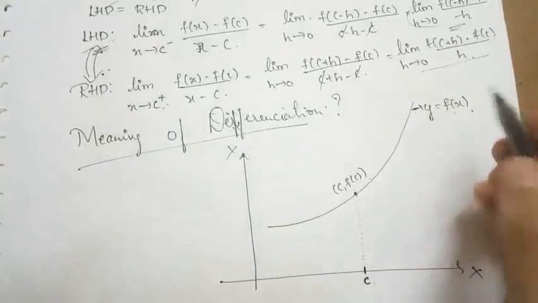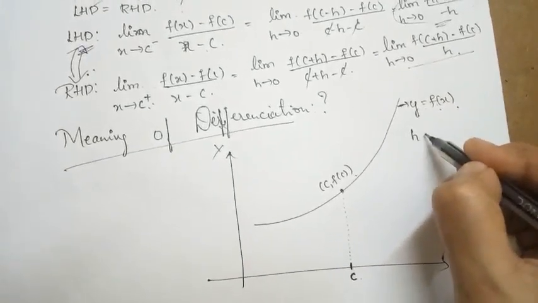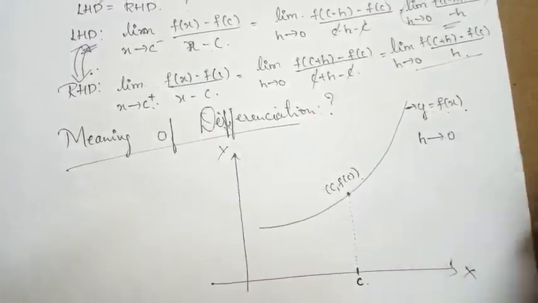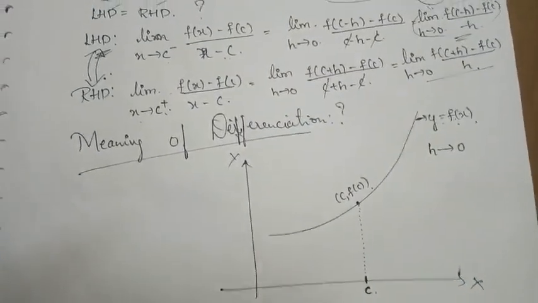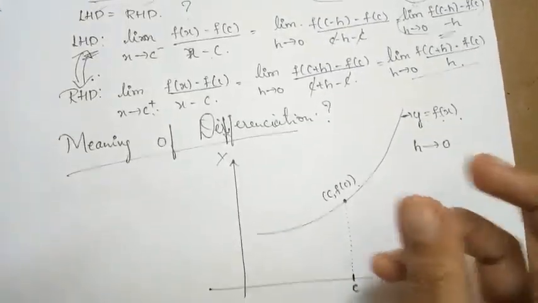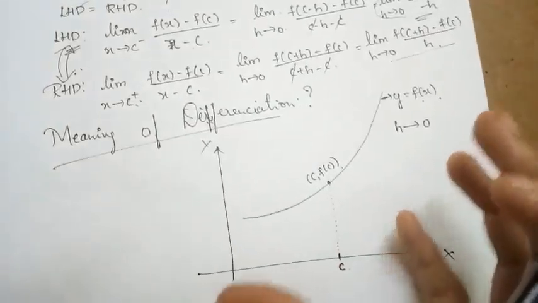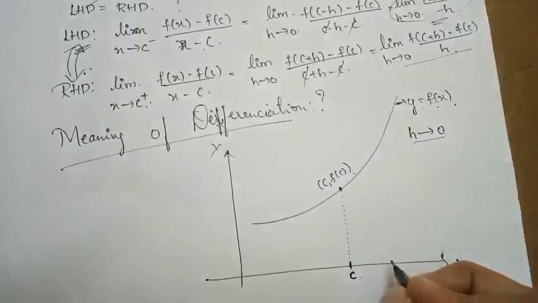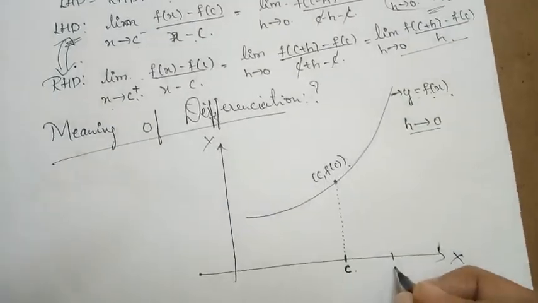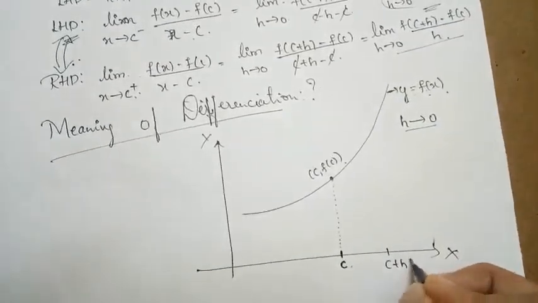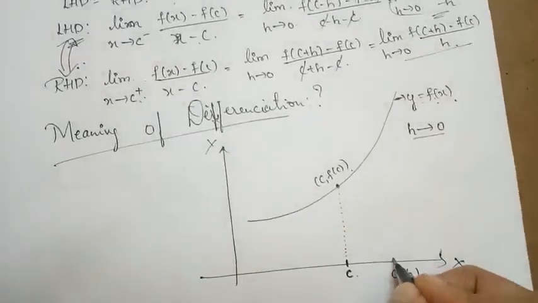Now I am considering an h which is a very small quantity approaching 0. That means h is very near to 0 but not equal to 0. Suppose I consider here one point, say c plus h, on the number line.